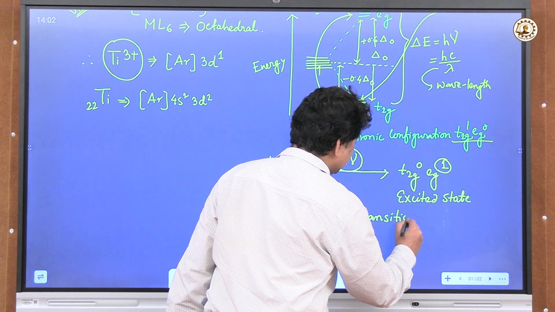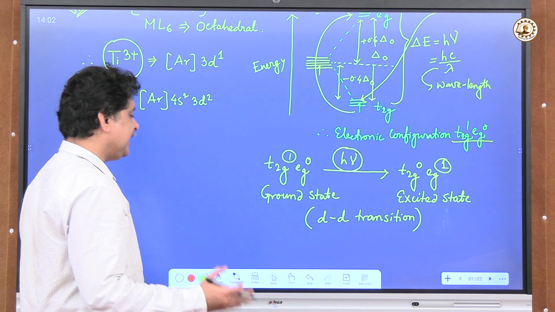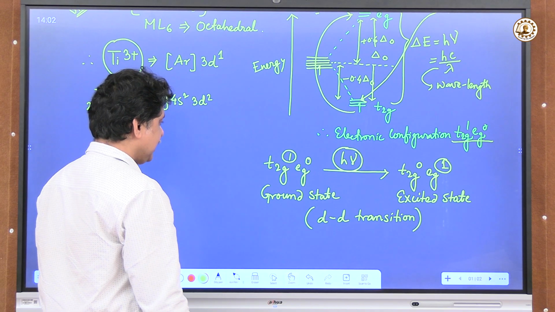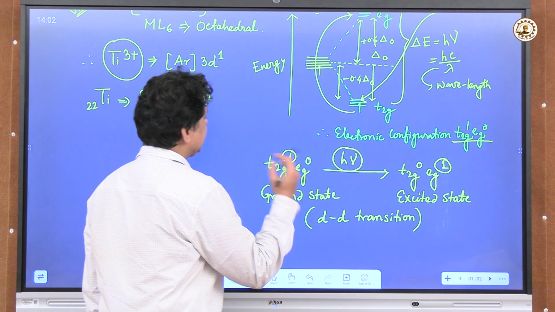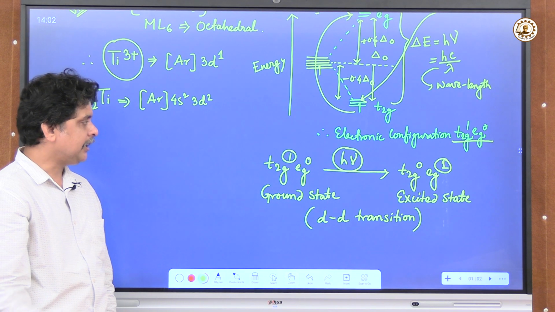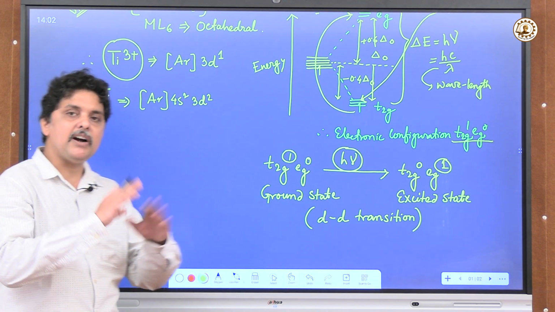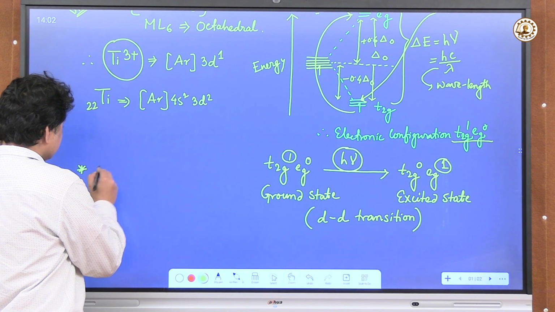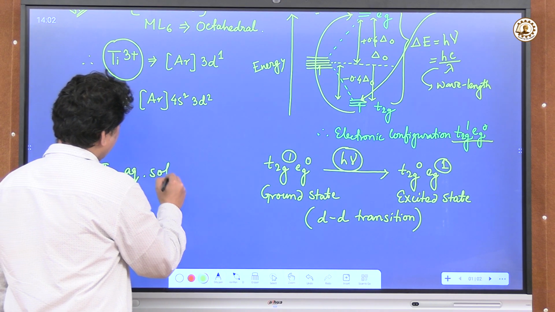Because the t2g set of orbitals are made up of d, and the eg set of orbitals are also made up of d. As the electron moves from t2g to eg, hence the term d-d transition. So during this d-d transition, the complex is absorbing visible light. Hence we observe a color.